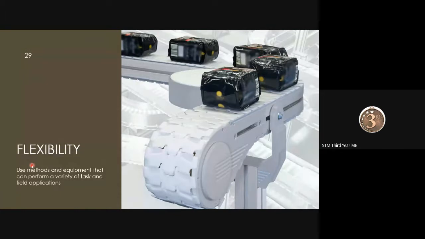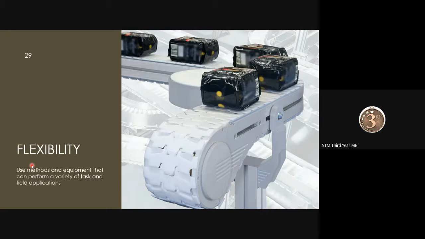Similarly, in the case of a material handling device, we can use that machine each and every time, depending upon the product produced. Maybe it is producing a glass, a plate, or a utensil, or anything else; we can use a forklift truck for all the purposes of loading and stocking up inventory.